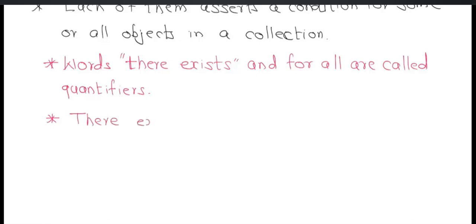These are the quantifiers: there exists and for all. This is important. Between them, what is called there exists? What is called for all?